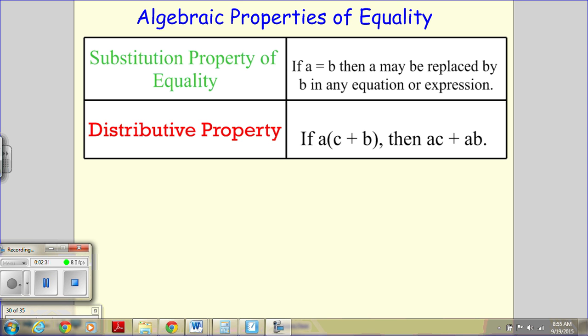The distributive property should be familiar to you by name, because if you have a coefficient that's outside a set of parentheses with an operation taking place inside, your job is to take that coefficient or number outside and multiply everything inside by that number. So for example, A times (C plus B) is A times C plus A times B.